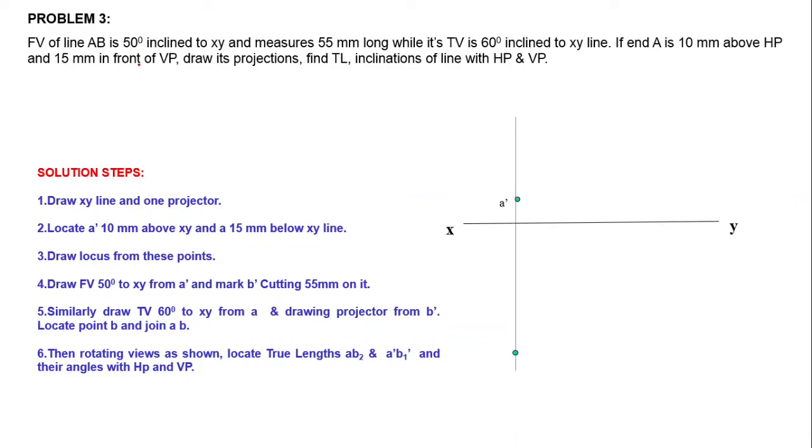We can represent the projections of end point A like this: 10 mm above. This height must be 10 mm above HP and 15 mm in front of VP. Here we will discuss the step-by-step procedure only.